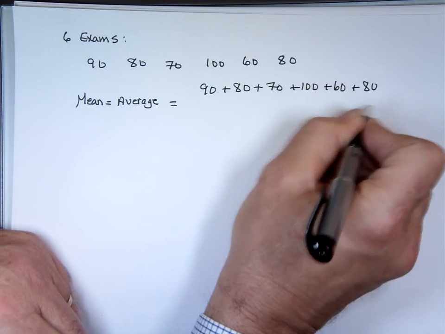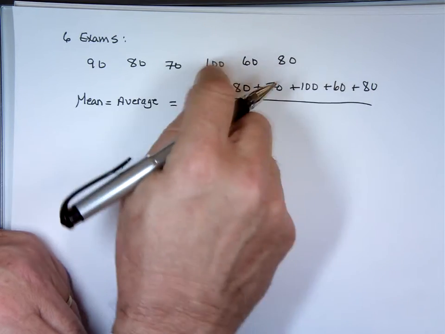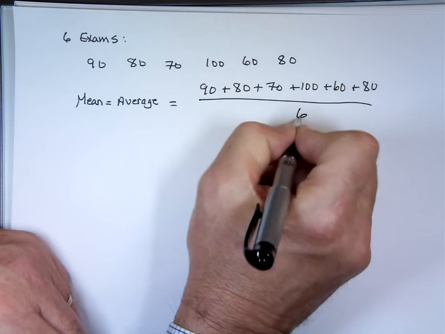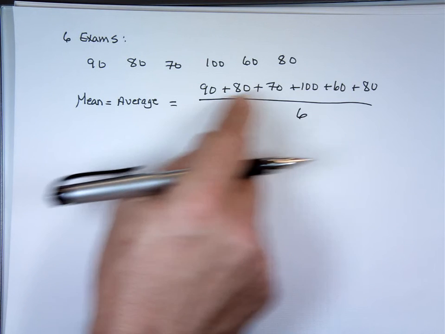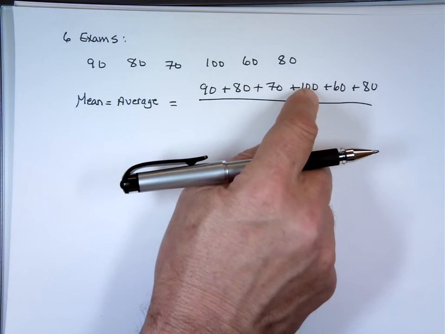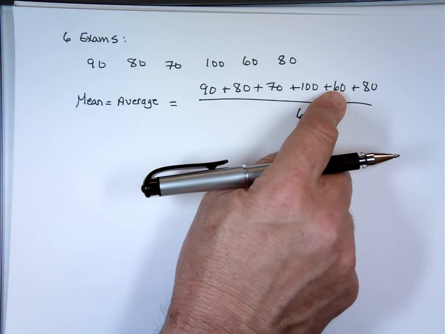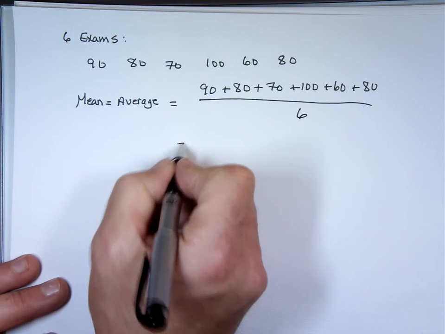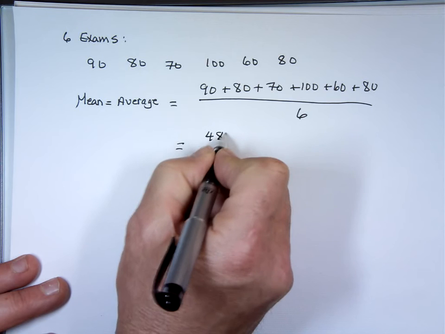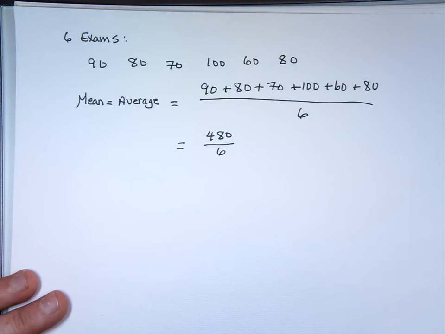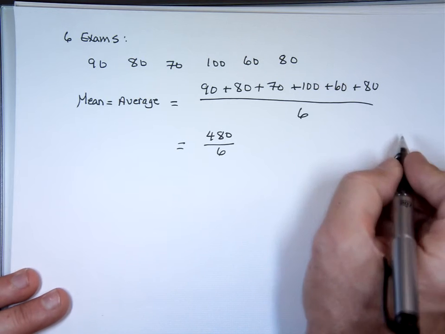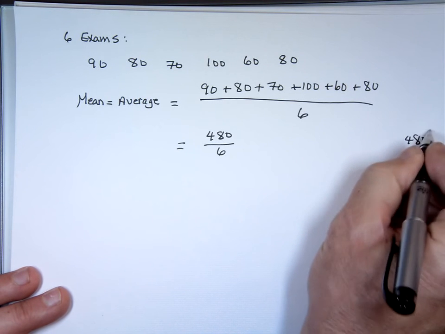And divide by how many scores do we have? 1, 2, 3, 4, 5, 6. 90 plus 80, 170, and 70, 240, 340, 400, 480. So let's divide 480 by 6.